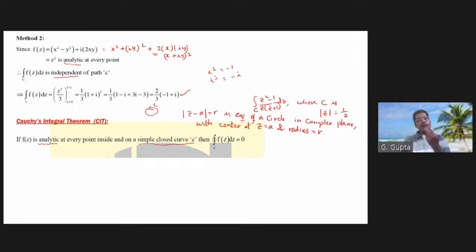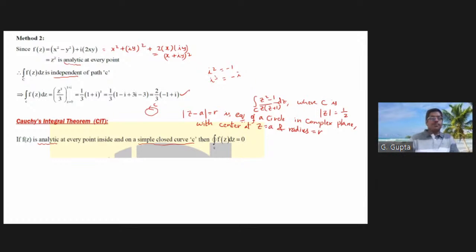How do you verify? By the Cauchy-Riemann equations, the previous analytic function method. Then the integration of f of z with respect to z along this closed curve C is 0. This was proved by Cauchy, called Cauchy's integral theorem.